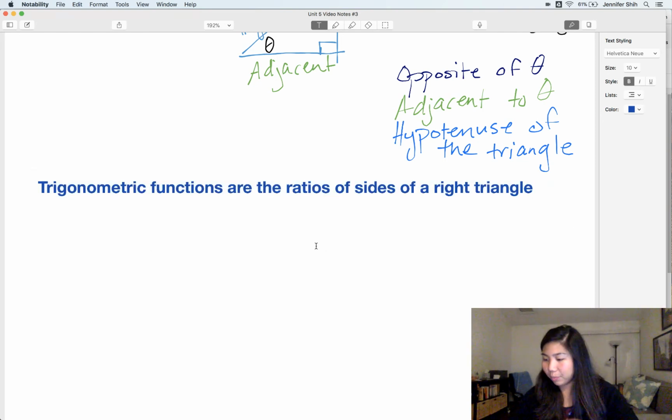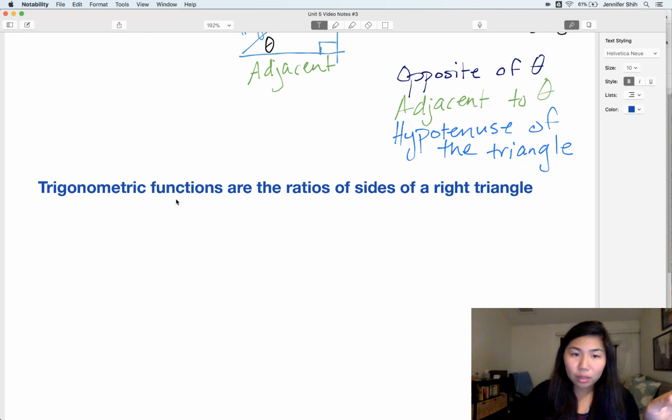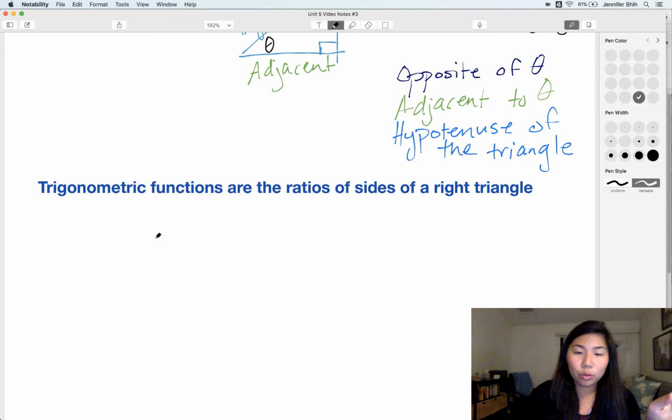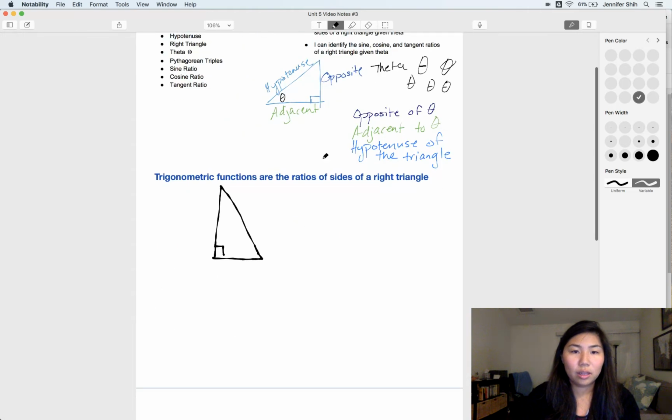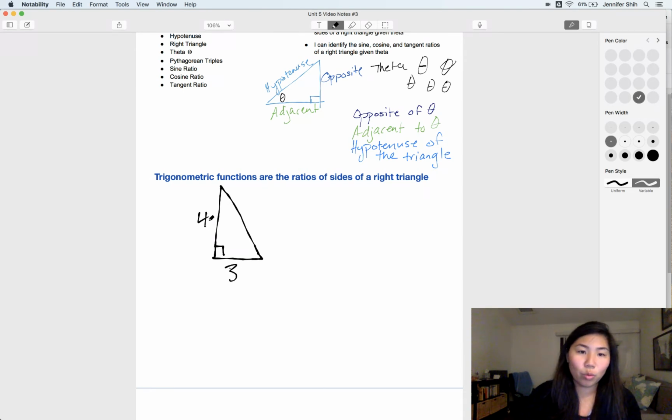All right. So if I were to give you a right triangle that looked like this, nice right triangle. Then, I'm not very creative, so I'm going to call this 3, 4, and 5.